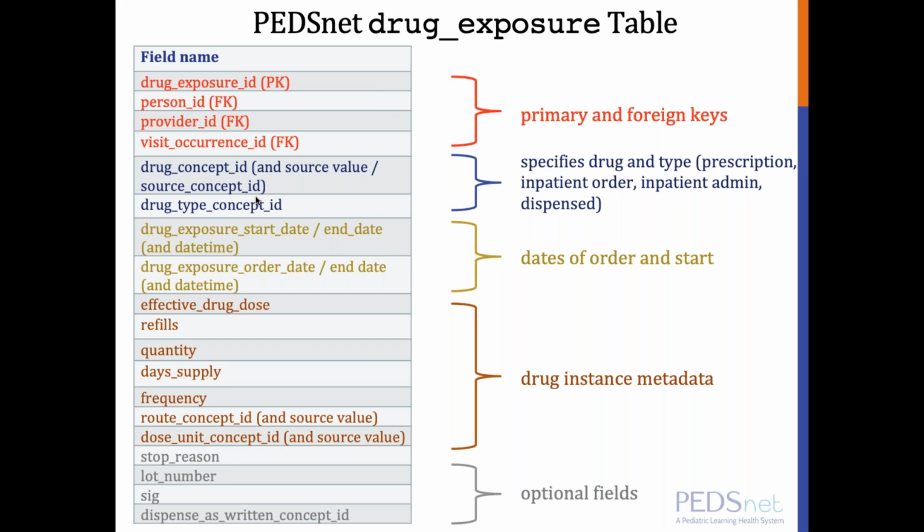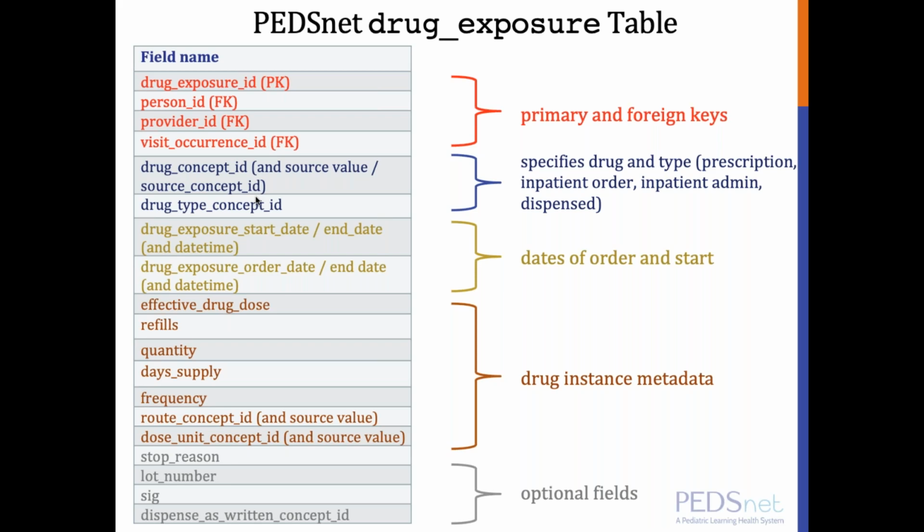The drug type concept ID tells you where it came from. So this is where you would look to see, is this a prescription or is this a drug given to an inpatient? Just like a condition type concept ID is where you look to say, is this an outpatient diagnosis or an inpatient diagnosis? There are dates as usual, and then there's that big orange chunk of information.